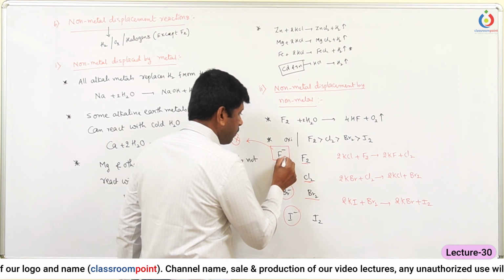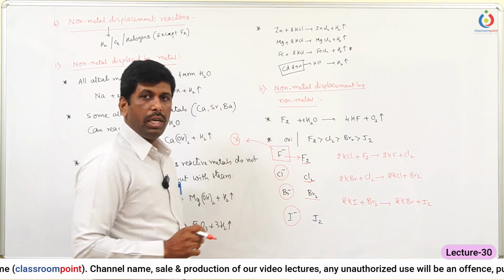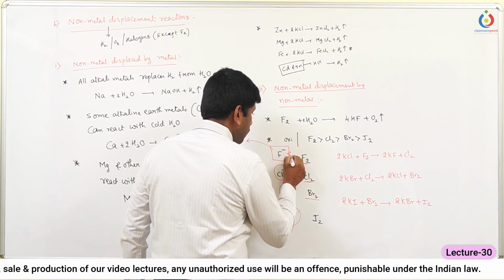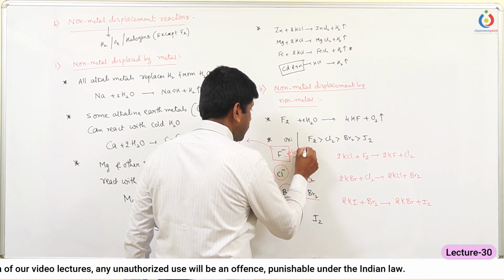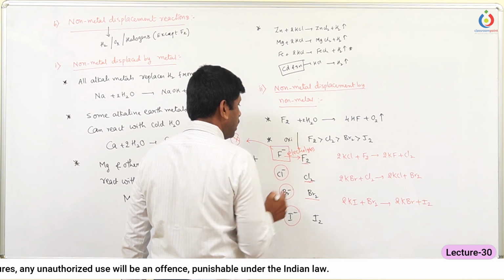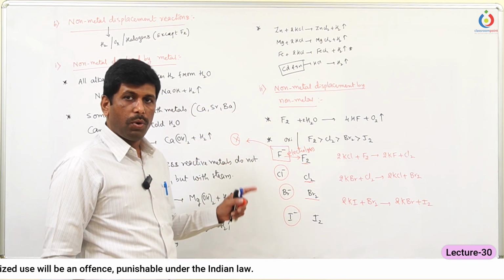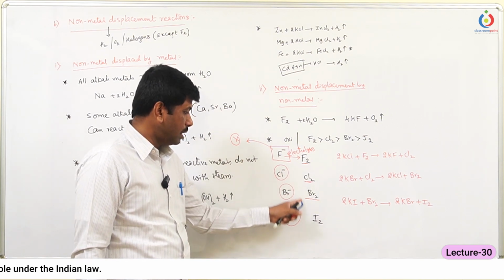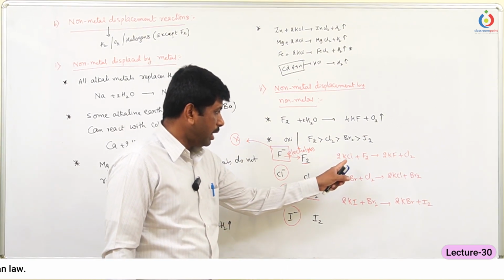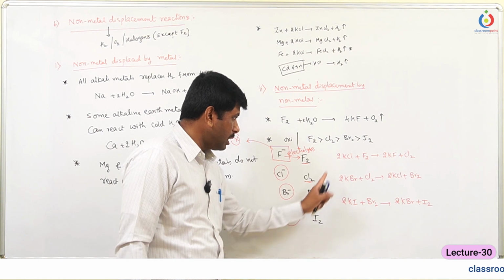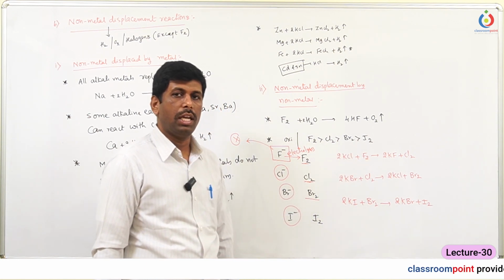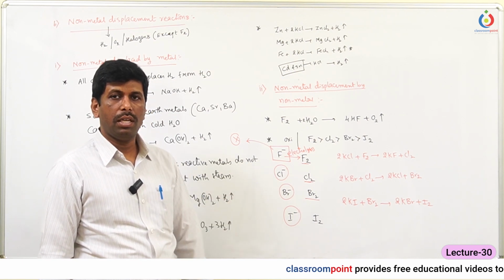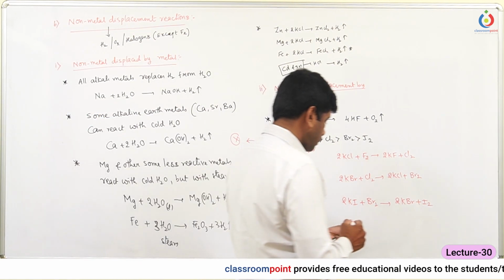We can convert F minus into F2 only electrolytically, which means using the electrolysis process only, the fluoride ion can be oxidized to the fluorine molecule. So these are all places where the lower oxidizing element is replaced by the higher oxidizing element from its compounds. So these are the cases where one non-metal displaces another non-metal.